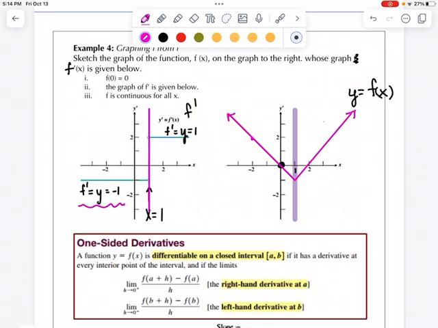Now, something happens here at 1, so I need to back it up just a little tiny bit here on the right and on the left so that I can appropriately show you that I've got a hole right here. At 1, there's a hole on the function. Oh, there's not a hole. What am I doing?